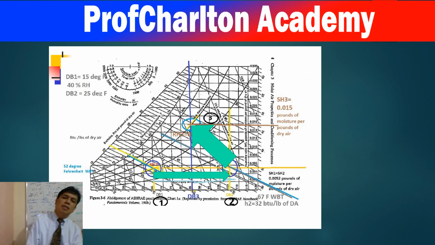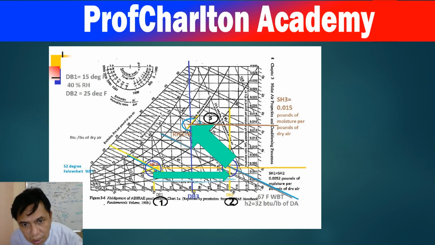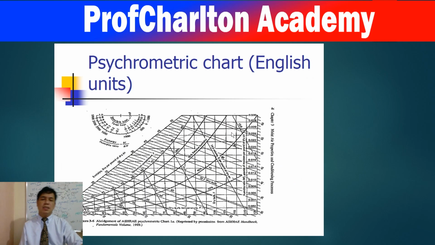And then the curves here are the relative humidity. I think this is 60, 80, and then 100. No, it's 20 points graduation in the gradient. So 100, 80, 60, 50.